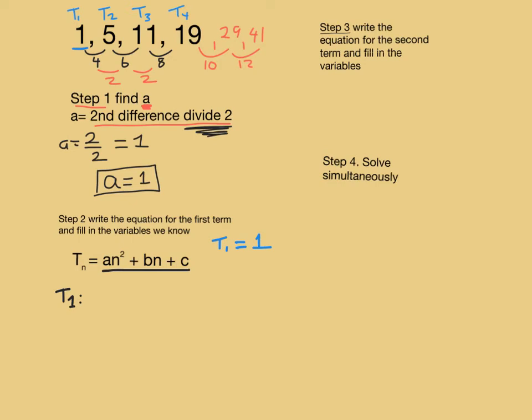So what do I know about this equation here? Do we have any information about this? We have one piece of information, and that's that A is equal to the number 1. So I'm going to pop that in. So I have 1, and then I have n squared plus bn plus c. And when I put in 1 for any of those values, I should get the number 1 itself.